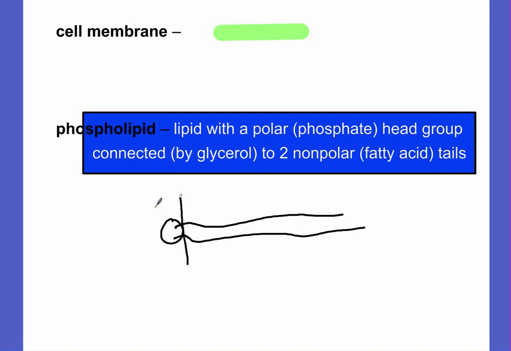This half over here is very polar, that's my polar part, whereas the non-polar part of this is my tails. So be able to draw a picture of a phospholipid, and understand which part is polar and which part is non-polar.